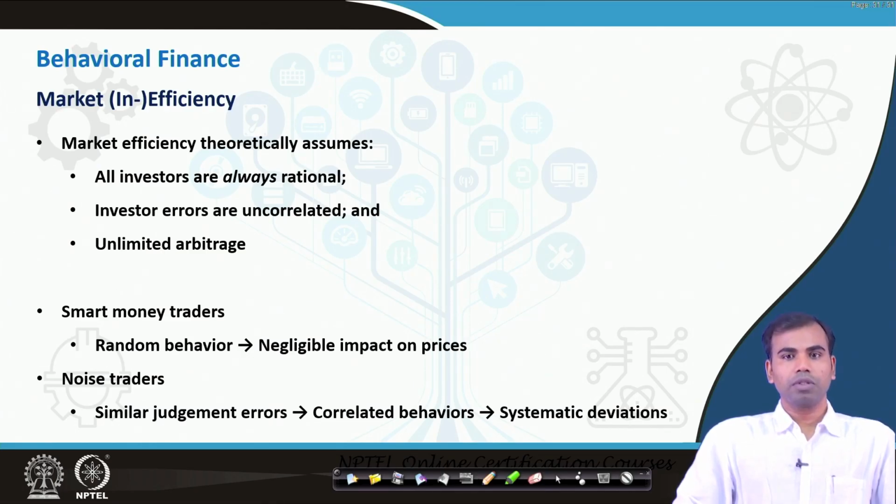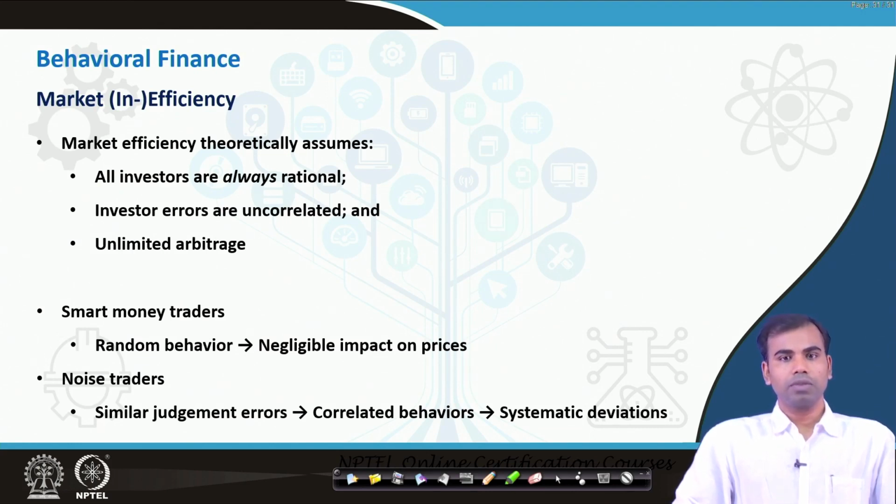But when we talk about the market as a whole, we know that there could be several types of investors in the markets. If we keep it simple and start with the assumption that markets comprise two major categories of investors, one being smart money investors and second noise traders.